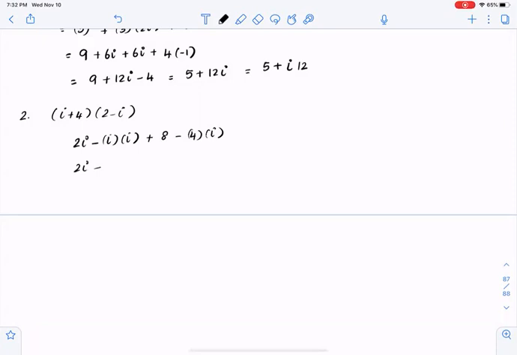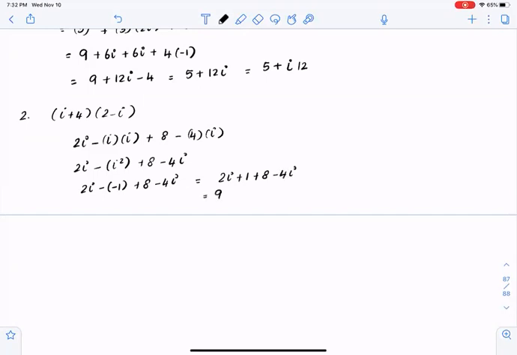So 2i minus i squared, plus 8 minus 4i. i squared is -1, so 2i plus 1 plus 8 minus 4i. So 8 plus 1 is 9. 2i minus 4i is minus 2i.